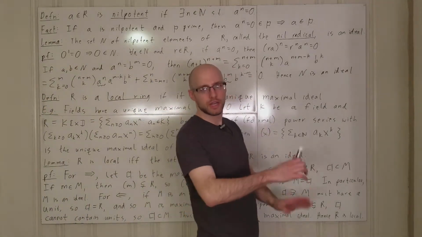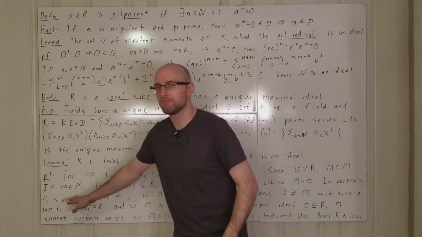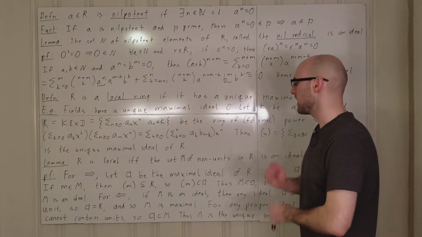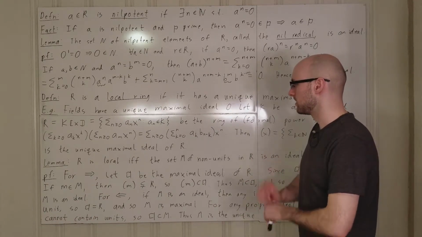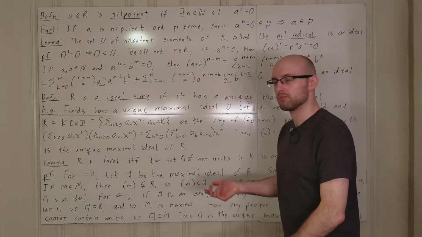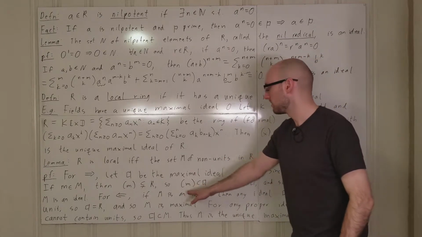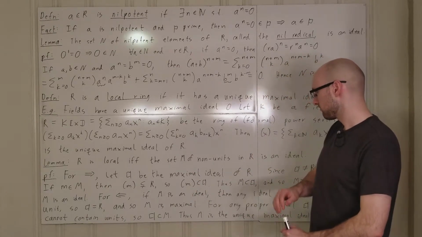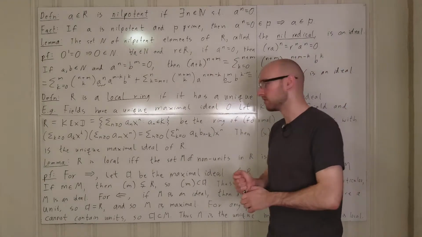For equality, we want M contained in A. So let's take some element m in capital M. Then the ideal generated by it is a proper ideal in R, because it's not the whole ring, since m is not a unit. Therefore, the ideal generated by this element m is contained in A, because A is the maximal ideal.